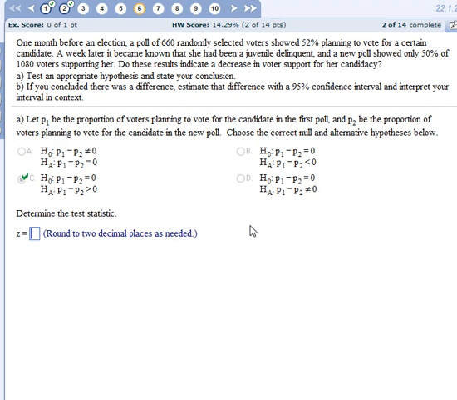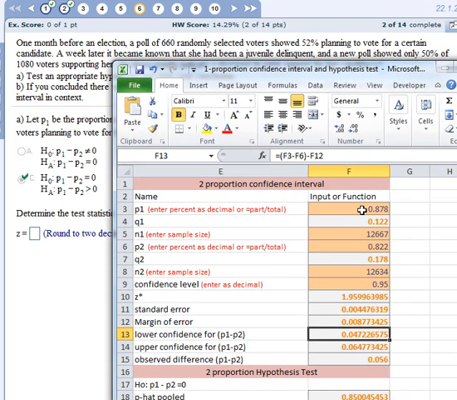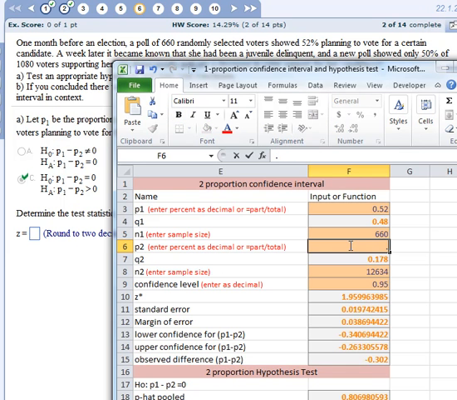Okay, and we're going to determine the Z statistic, and our computer will do that for us, which is nice. So let's come in here and input our data. P1 is the first week, so 0.52. And then the sample size in the first week was 660. And then in P2, our value was 0.5.